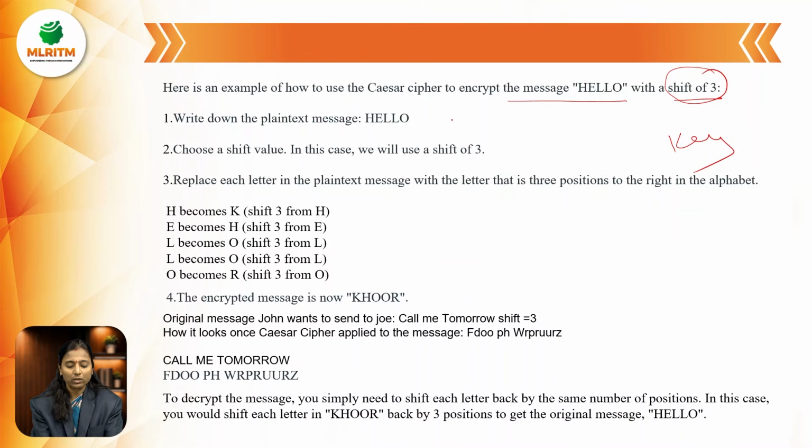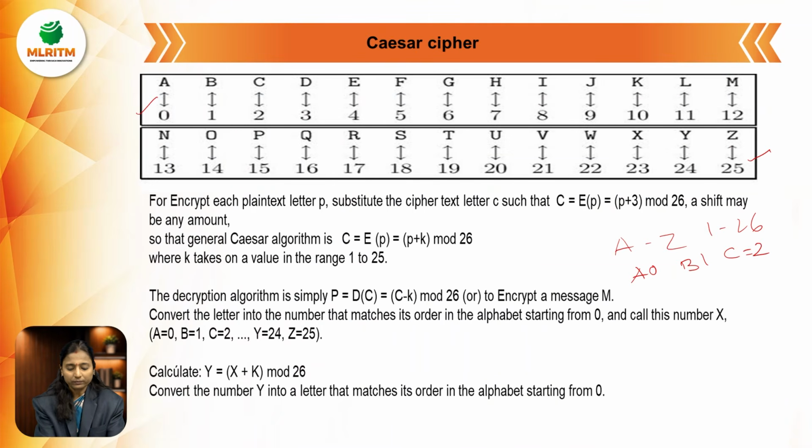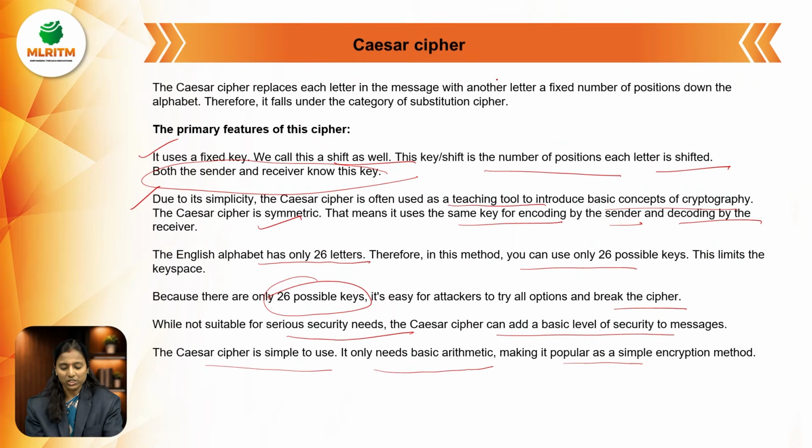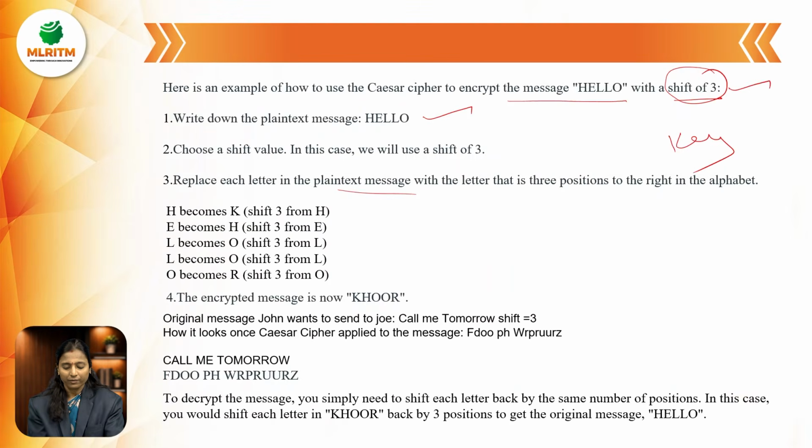First, write down the plain text, hello. Choose the shift value. What is the shift value here? 3 is the shift value. Replace each letter in the plain text with the letter 3 positions along in the alphabet.